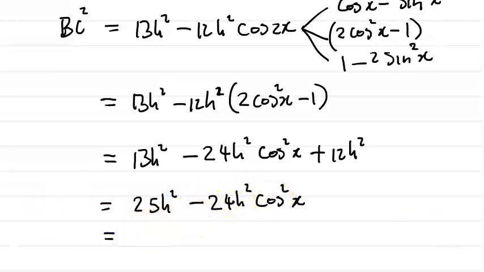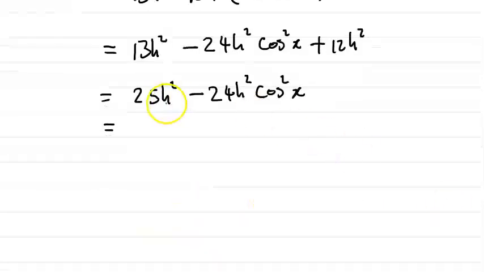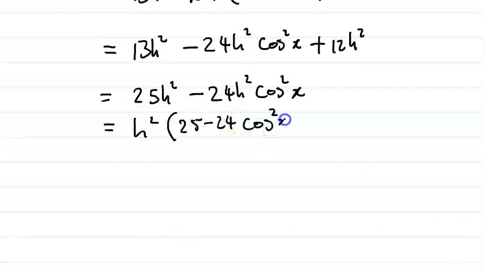Simplifying further, what can we see? We can remove h squared as a common factor. So therefore h squared into 25 minus 24 cos squared x. Now don't forget that this is all BC squared.